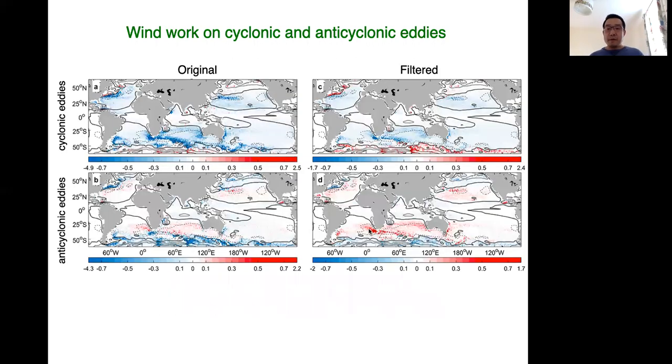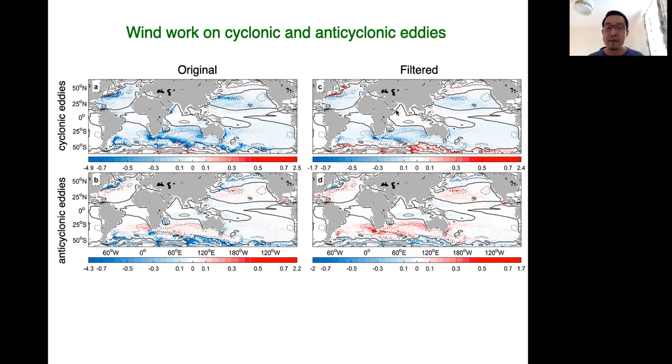Now if we do the same calculation using filtered wind stress and compare it with the calculation using original wind stress, we find the large scale patterns are very similar, because the filtered wind stress still has the large scale wind stress curve in it.